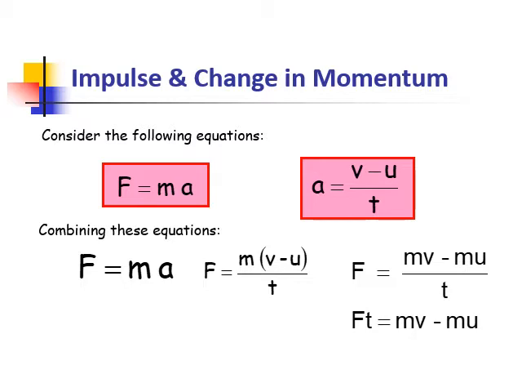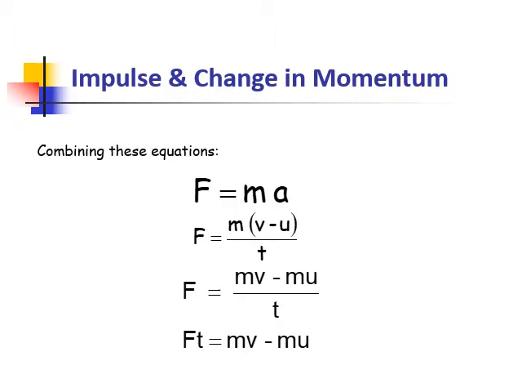If we then multiply out the mass, we get (mv minus mu) divided by t, and then if we multiply the time by the force, we get mv minus mu, and we should be able to see now that mv minus mu is the same as the change in momentum. So we've got a link between the change in momentum and the force and the time, which we call the impulse.